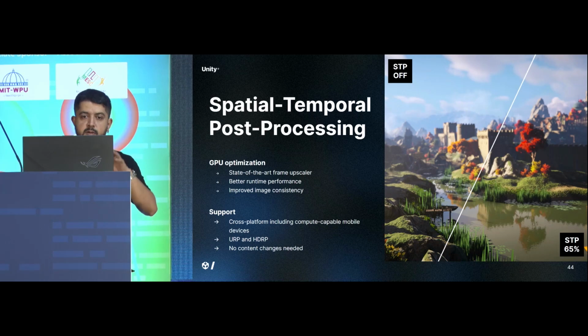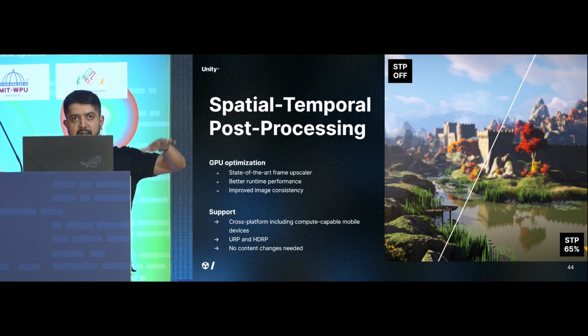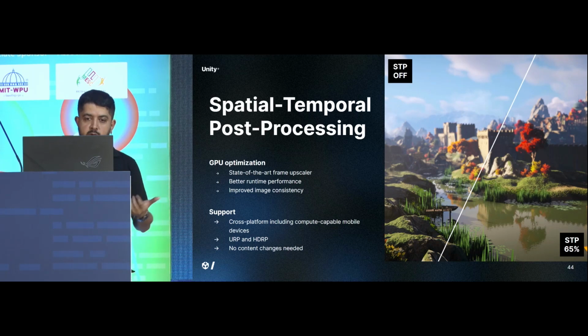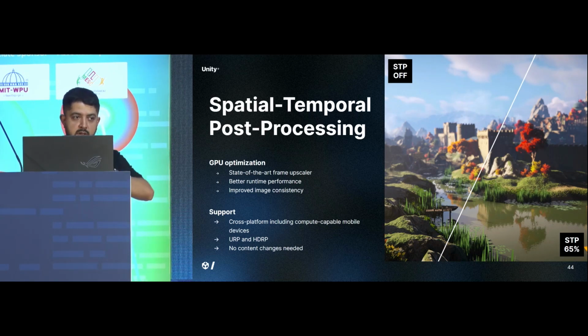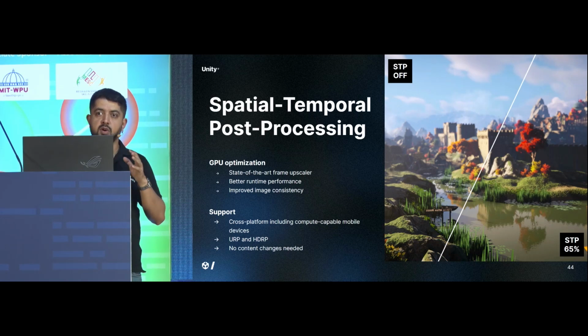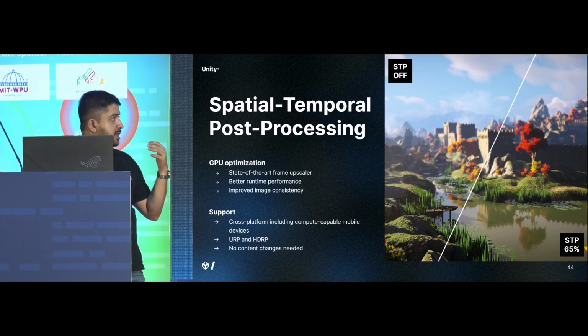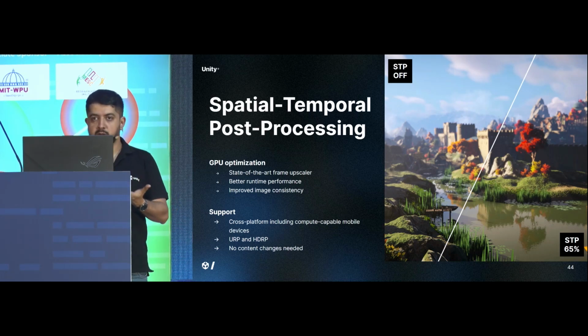This filter performs temporal anti-aliasing as a part of the upscaling process, so enabling it will override the TAA that you have, and it's designed to be cross-platform. It supports PC, console, and compute-capable mobile devices. Note that I'm saying compute-capable mobile devices, so that means you can expect this to run on more modern flagship-class mobile phones, but this is something that requires a compute-enabled device, so you will need a powerful GPU for this.